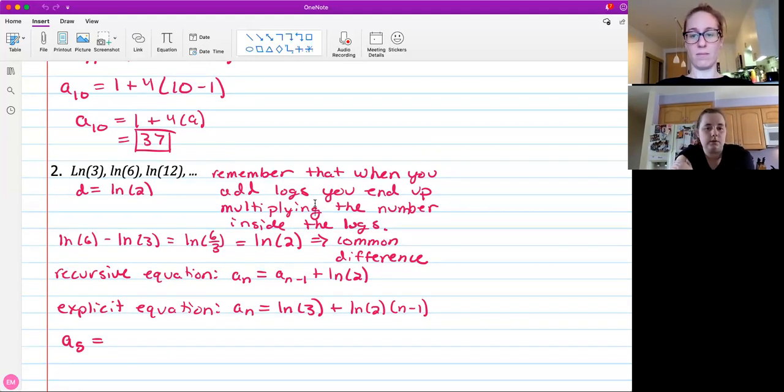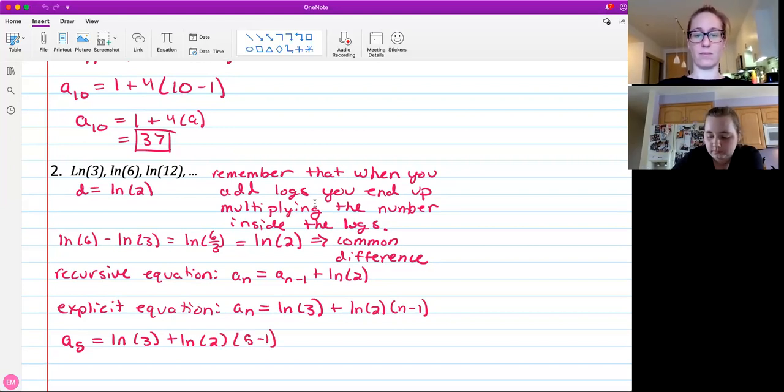We don't know A4, so I'm just going to use the explicit equation. So we have ln of 3 plus ln of 2 times 5 minus 1. So this is ln of 3 plus ln of 2 times 4.